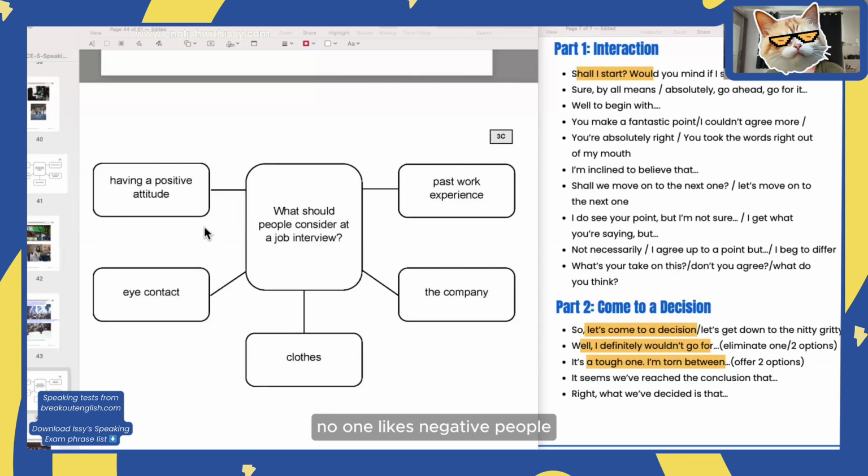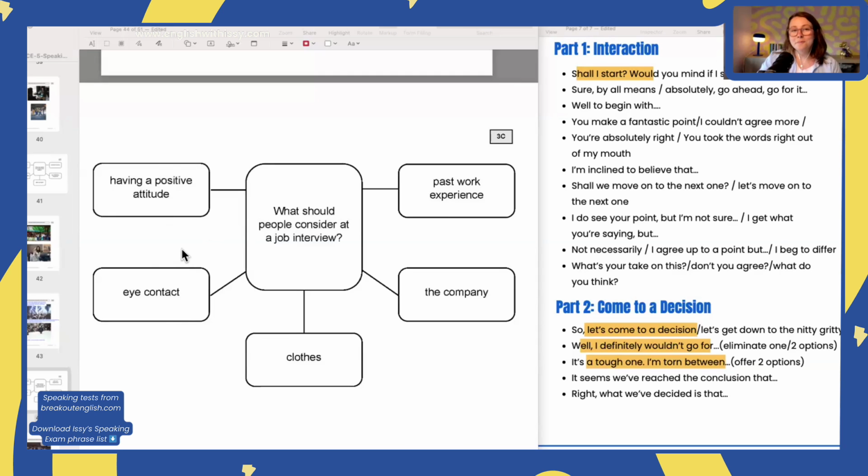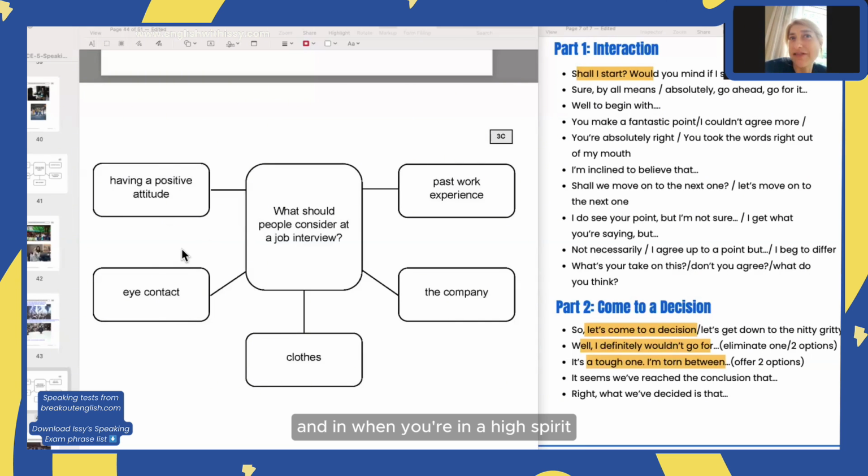No one likes negative people. So it's again some kind of impression. Because when you're in high spirits, that's in a way contagious, and that will have an impact also on your team.